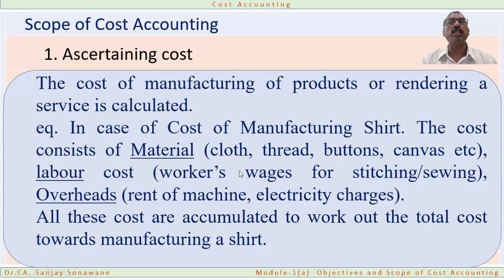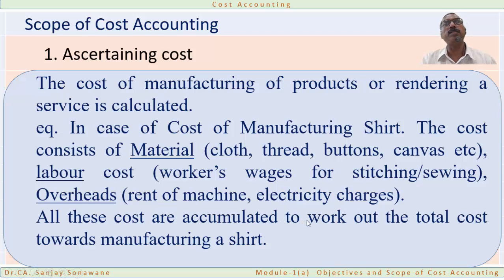A cloth is required for stitching a shirt. Then while stitching a shirt, we require thread. Buttons are fitted in a shirt, so we require buttons. We require canvas, which we put in the collar. So like this, there are different types of materials we require for manufacturing a shirt.